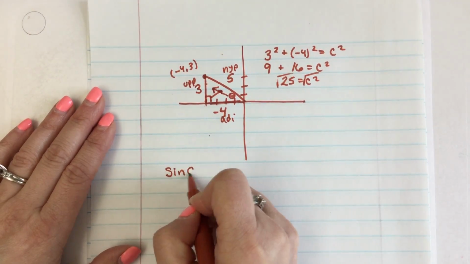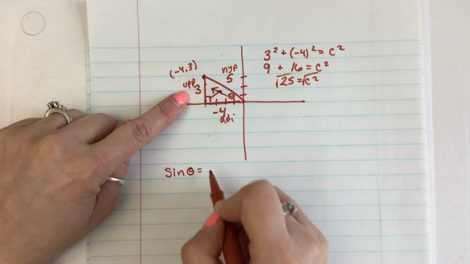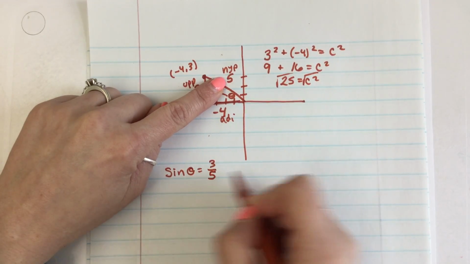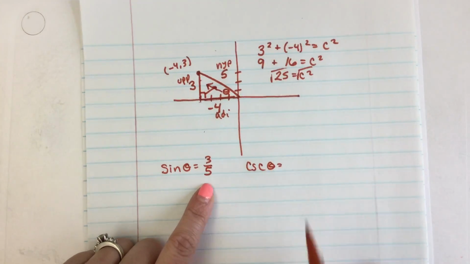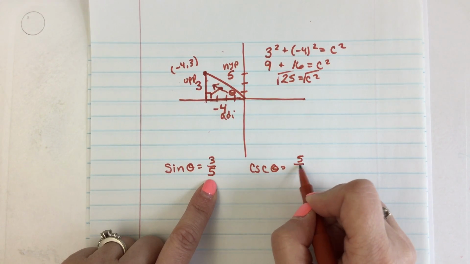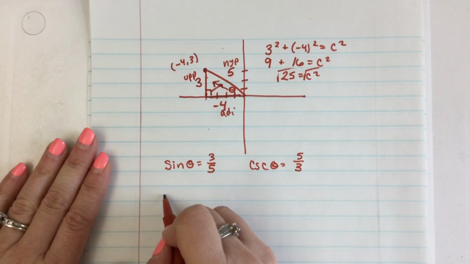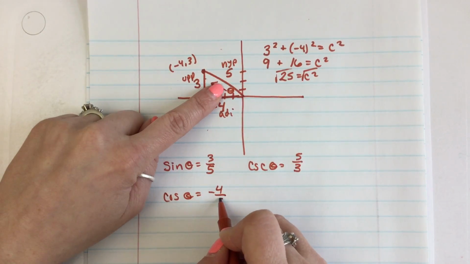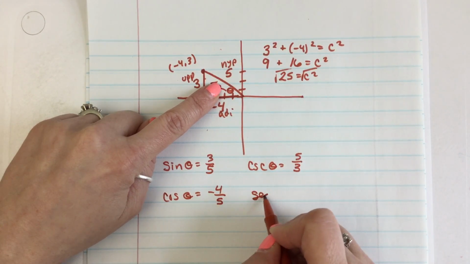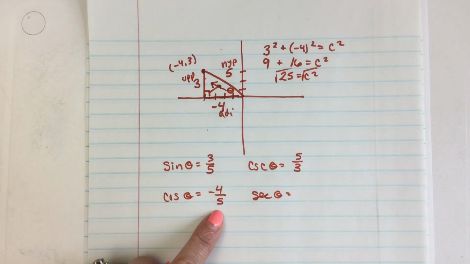So sine of theta. Sine is opposite over hypotenuse. The cosecant of theta is the reciprocal of the sine. So if the sine is 3 over 5, the cosecant is 5 over 3. The cosine of theta, cosine is adjacent over hypotenuse. The secant is the reciprocal of the cosine.